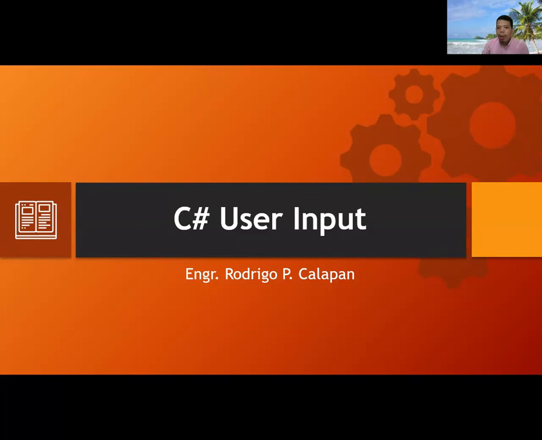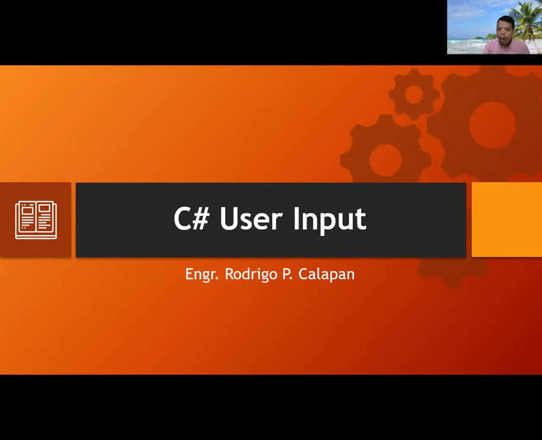This time we will be using the Console.ReadLine method to get the user input. In our example, the user can input his or her username, which is stored in the variable username. Then we have to display the value of the variable username.